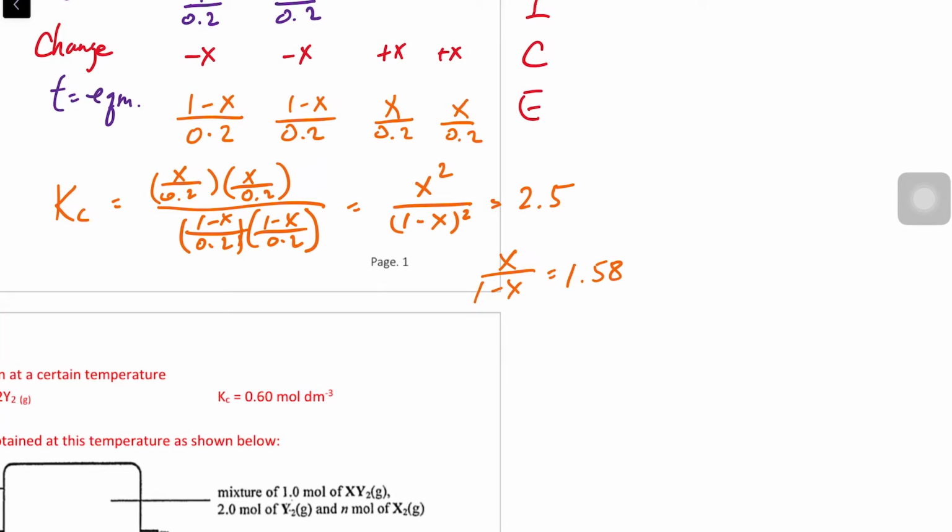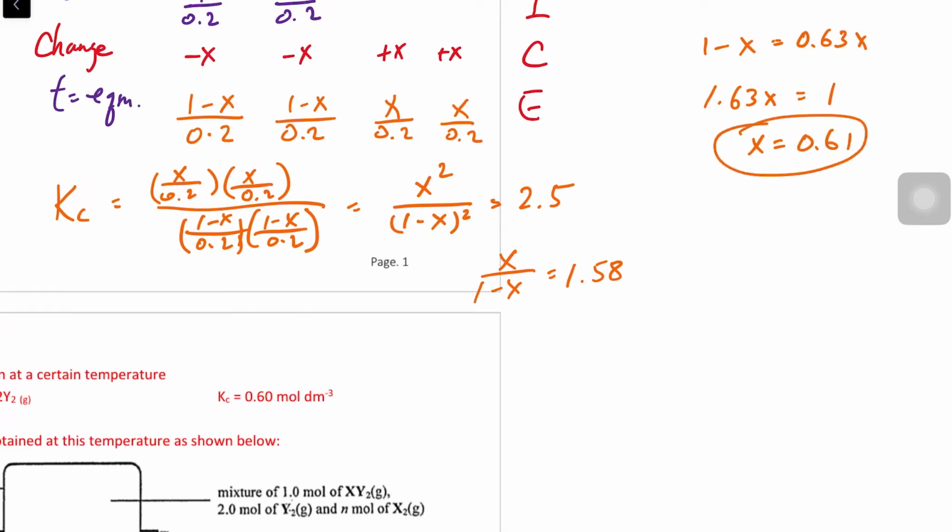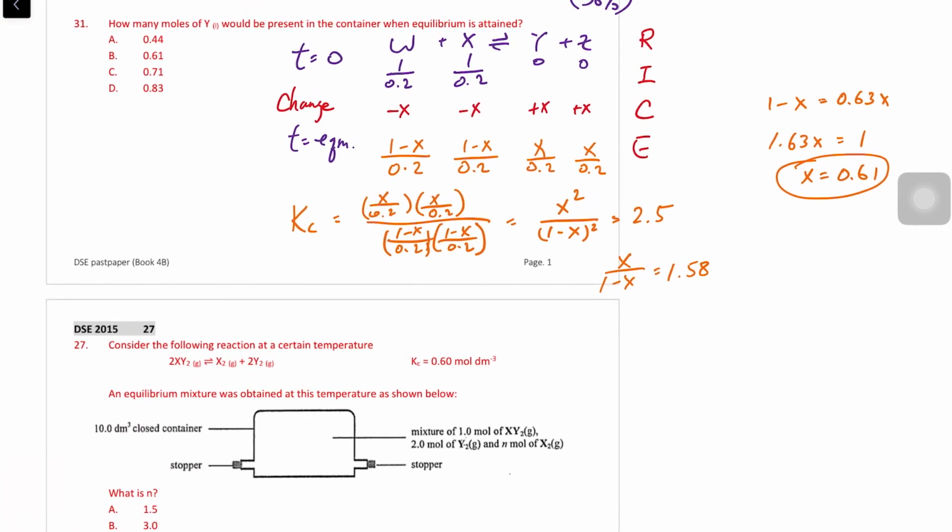That means 1 minus x equals 0.63x, and 1.63x equals 1. x equals 0.61. Well, looks nice because this is acceptable, in this range. So the answer should be B.